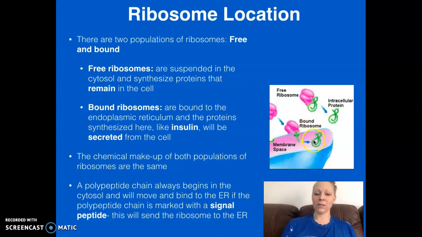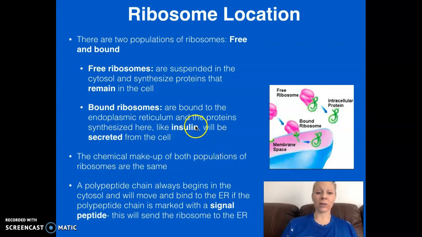But if this protein needs to leave the cell, it's going to need to have a vesicle around it, because it's going to need to be able to attach to that plasma membrane to leave. And so here it's going to enter into the endoplasmic reticulum. It's going to be modified, and then it's going to exit out, and it's going to have that vesicle attached to it or surrounding it so that it can leave the cell.